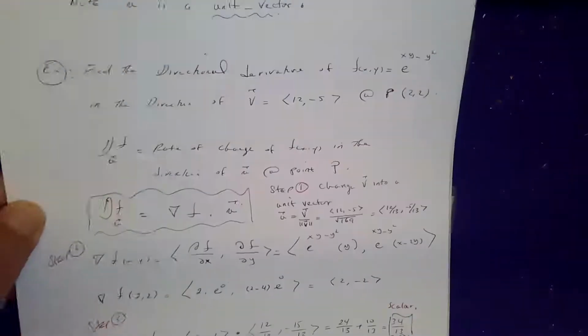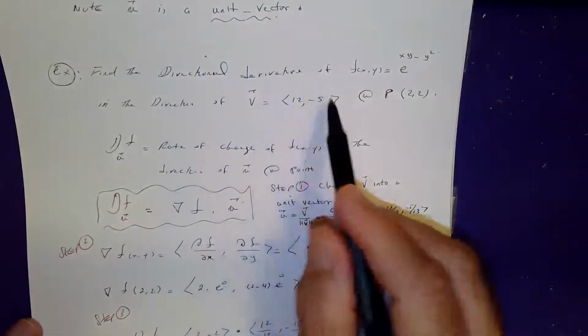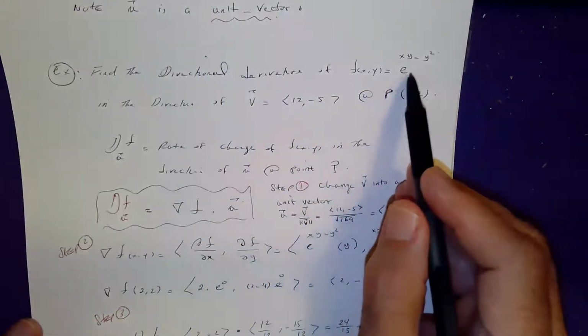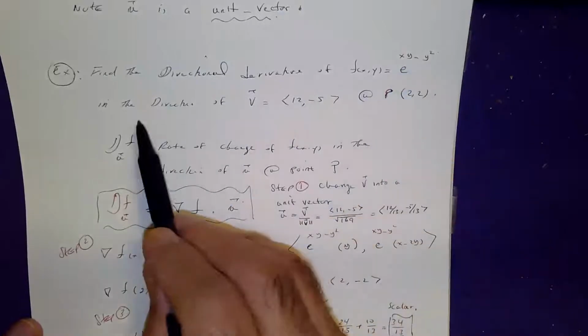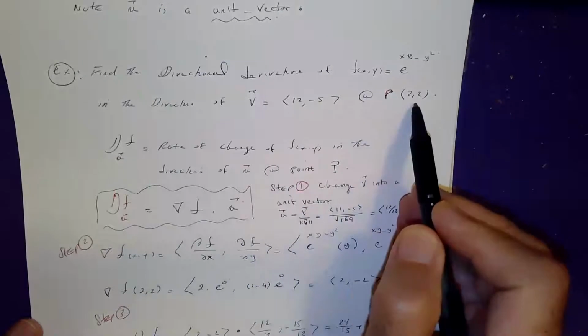Remember, that's a scalar. Remember, u is a unit vector. So let me show you an example so you can see how this works. Find the directional derivative of this function, e to the xy minus y squared, in the direction of this vector, at this point.